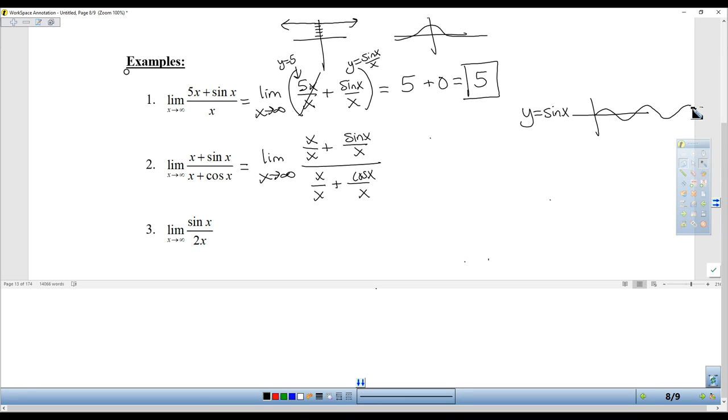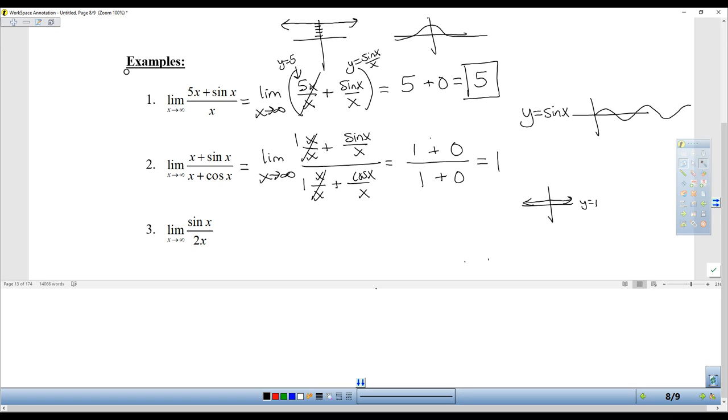As it goes to infinity, I don't expect anything to happen except that it keeps oscillating between +1 and -1, whereas sine of x over x does have a limit. It does become 0. Cosine of x over x also becomes 0. And since this simplifies to 1, the equation y is equal to 1, I expect that to stay at 1 as x goes to infinity. And since this becomes 1, also 1.